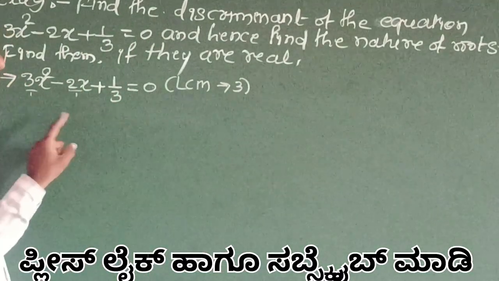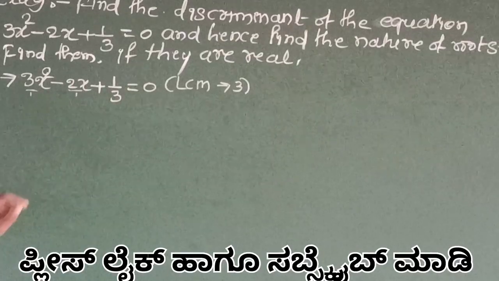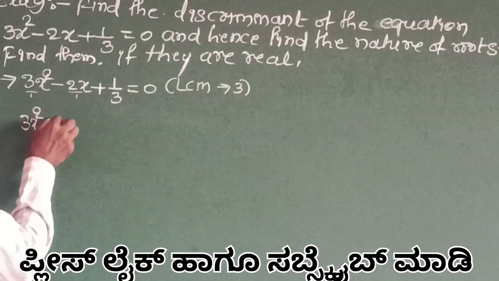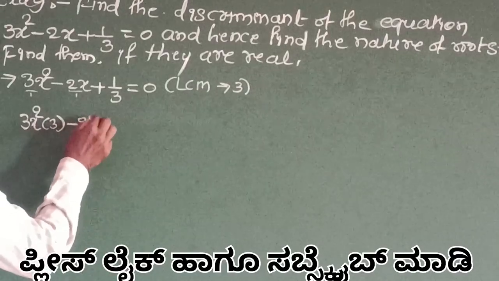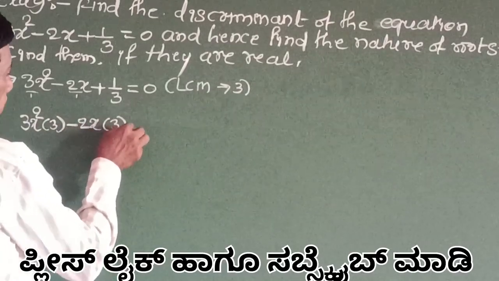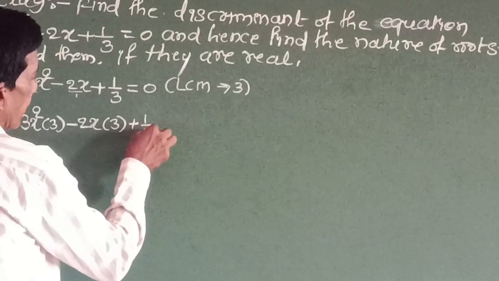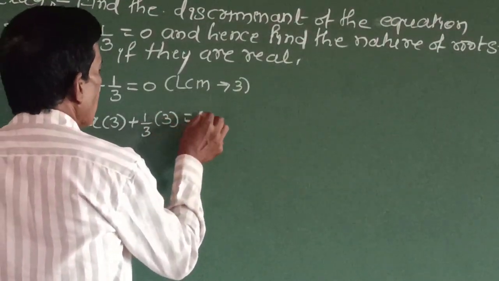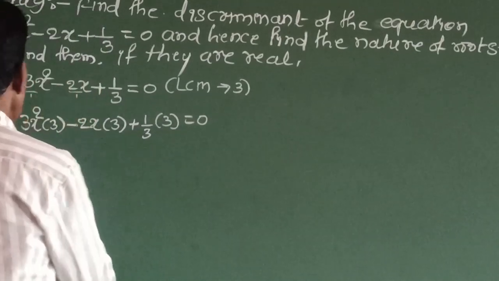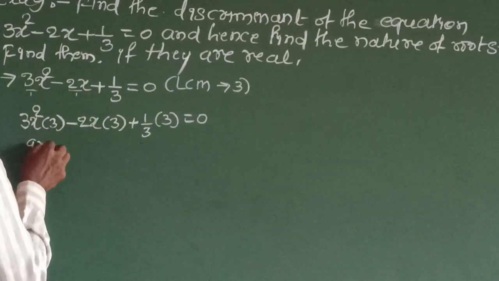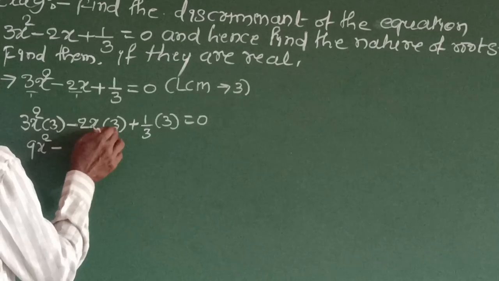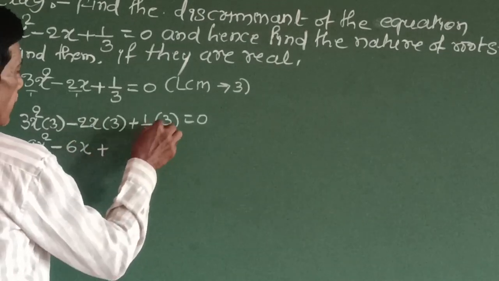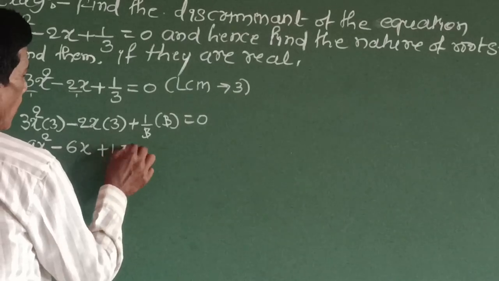Multiply every term by 3: 3x square into 3 minus 2x into 3 plus 1 by 3 into 3 equal to 0. So 3 threes are 9x square, 2 threes are 6x, plus 3 and 3 cancel, 1, equal to 0.